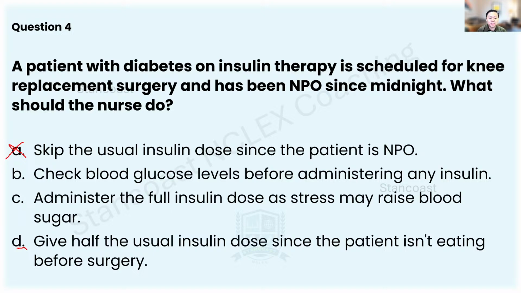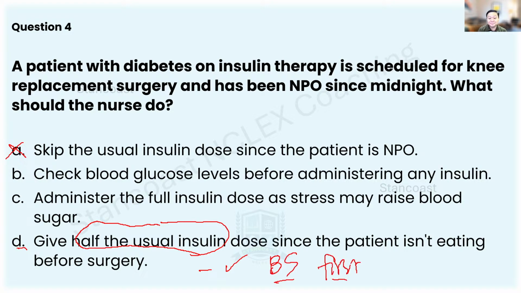But if you're just going to reduce it without checking the patient's blood sugar first, this can also lead to improper glucose management. Half the usual dose without checking? Nope. You should check the blood sugar first before deciding to skip or to give half the dose.